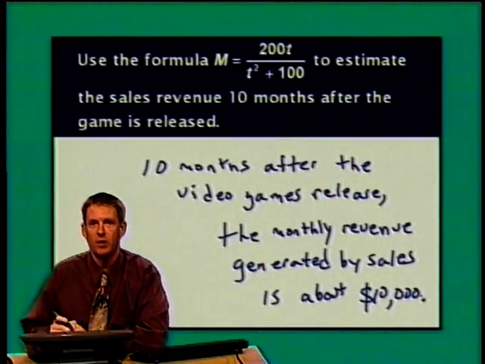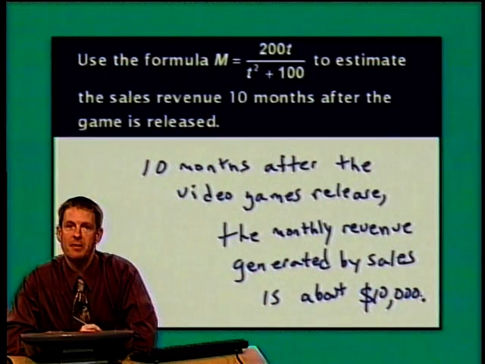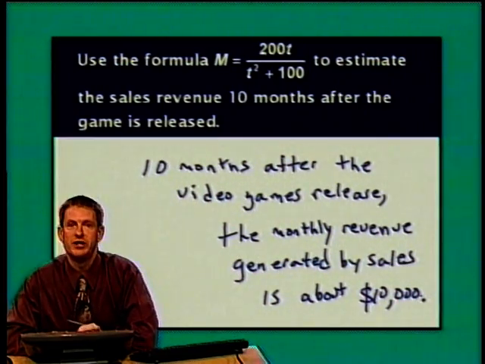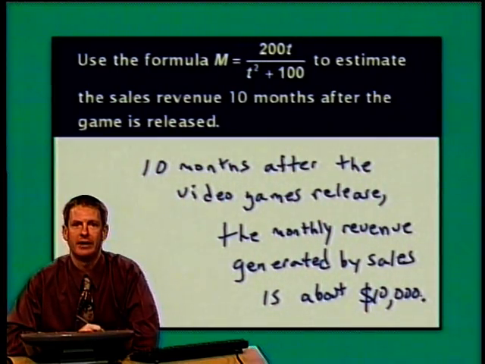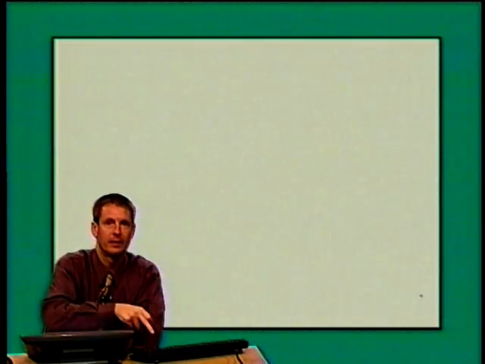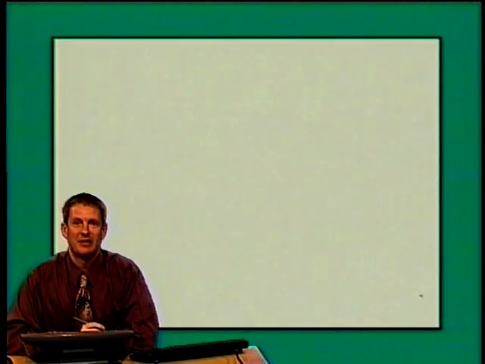The reason I threw the word about in there is because the problem statement did say that this formula would just approximate the monthly revenue. So I thought I'd go ahead and use an approximation kind of word, like about. So that's the conclusion of our lesson on expressions, simplifying expressions, and evaluating expressions.